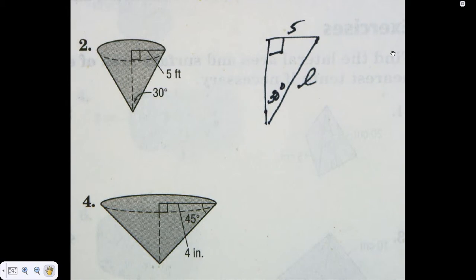One good thing to always do with this, realize you're going to need the things in the formula. Putting things into the formula is not the hard part. It's finding the things you need for the formula with the information that's given. Okay?